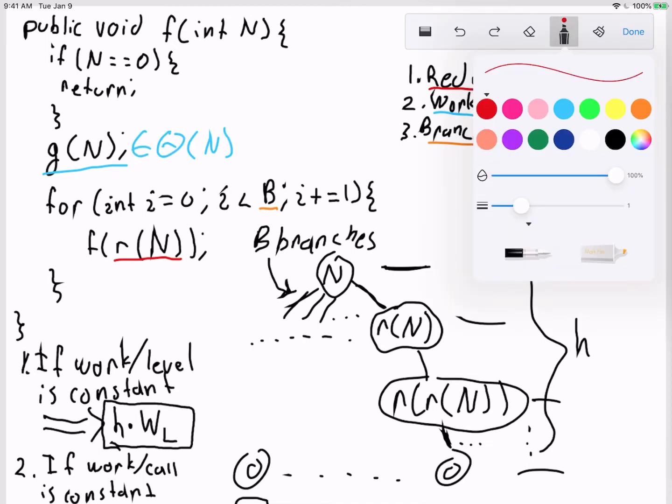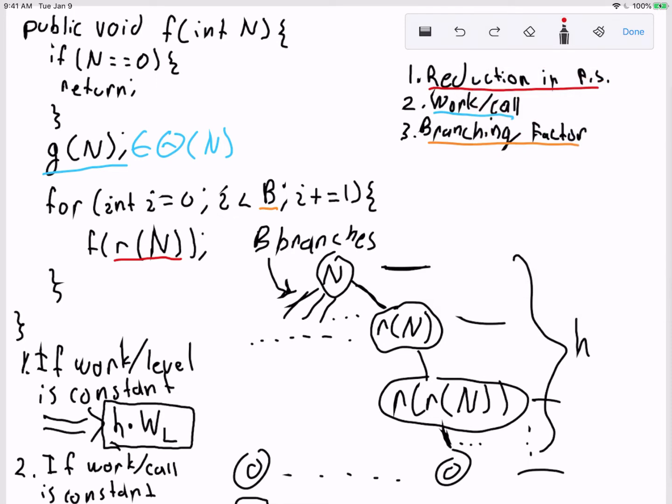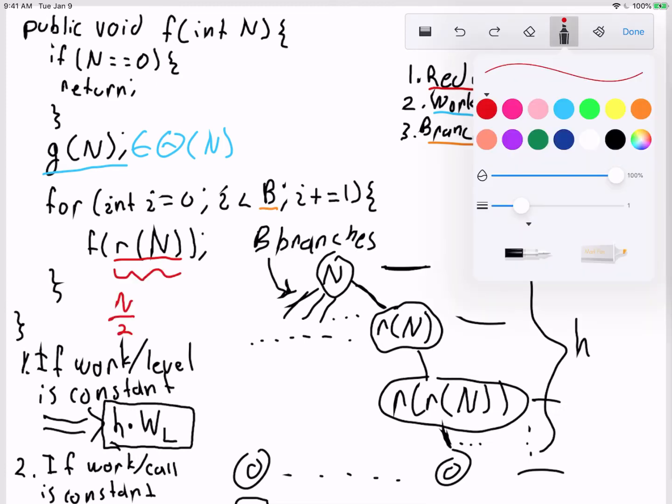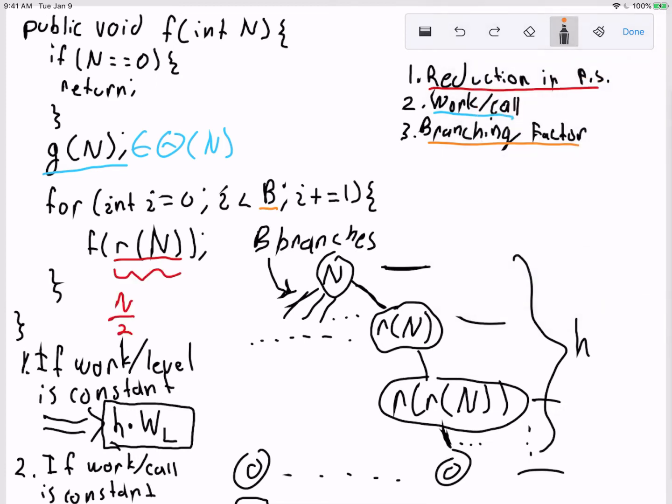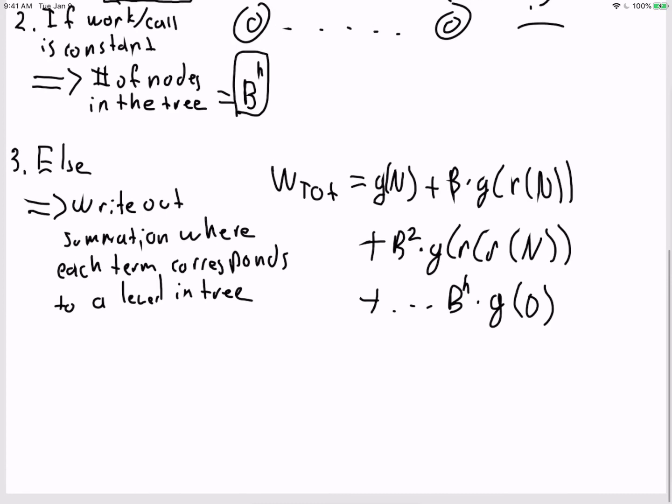Okay, and then let's say that the reduction is n over 2. Now let's say that the branching factor is 2. So now I've just filled in these three values, and this uniquely identifies the runtime of the function. Okay, let's look at that. Let's figure out what it looks like.